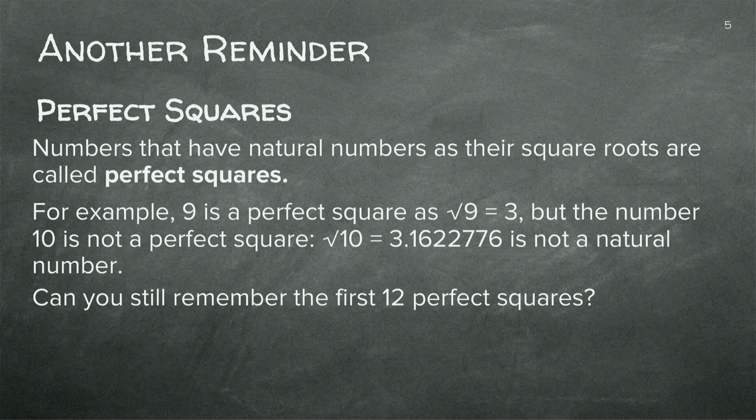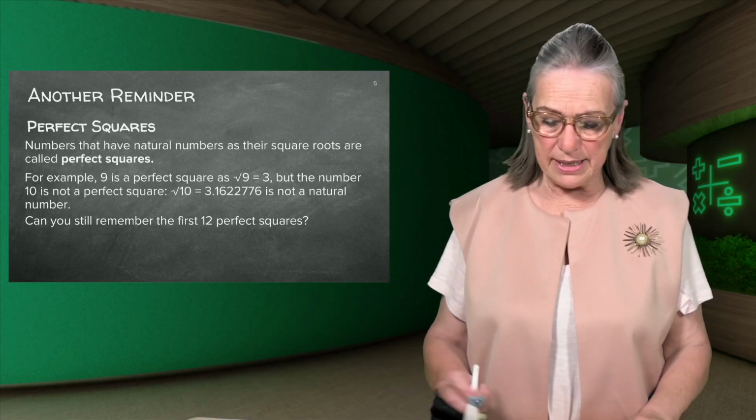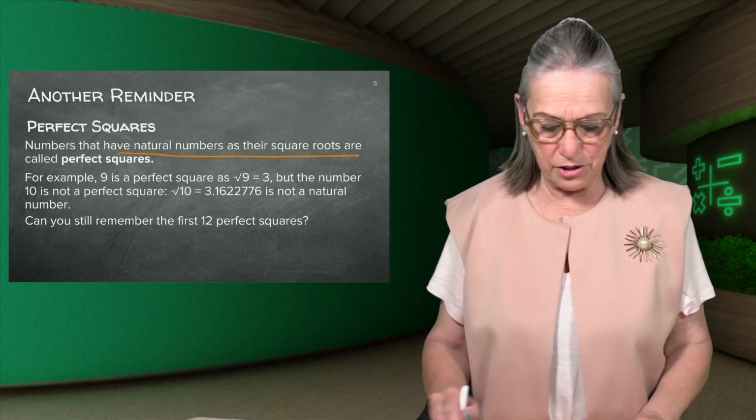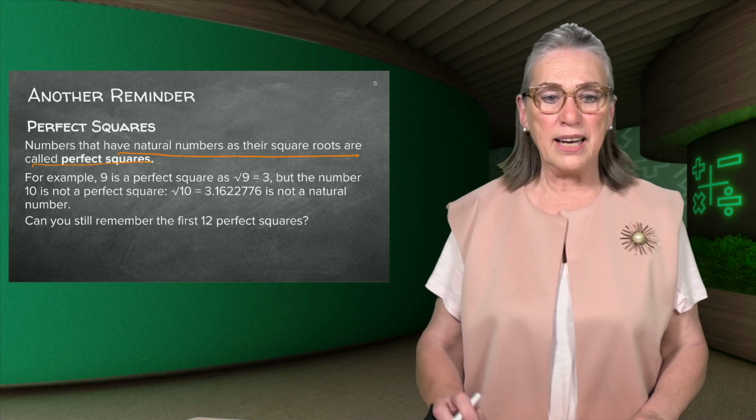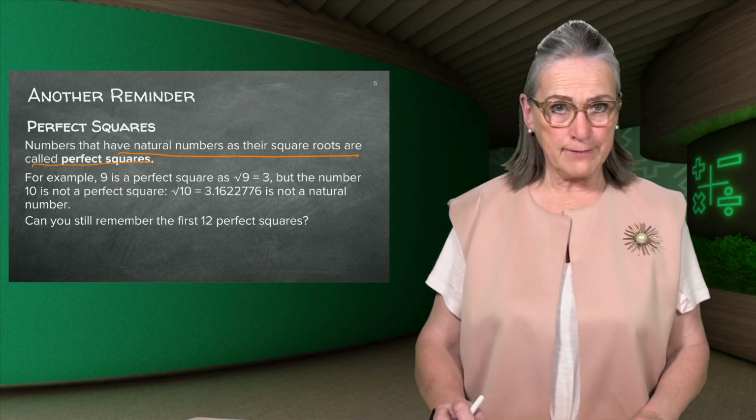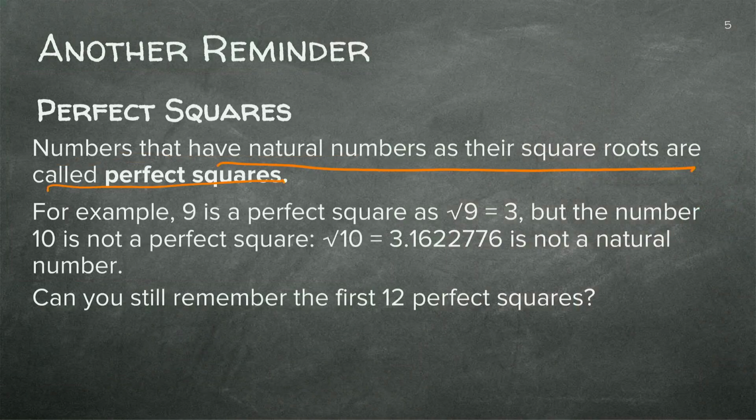Okay, now another reminder from the previous lesson. What is a perfect square? Now, numbers that have natural numbers as their square roots are called perfect squares. Okay, so we can think of your perfect squares from 1 to 12.